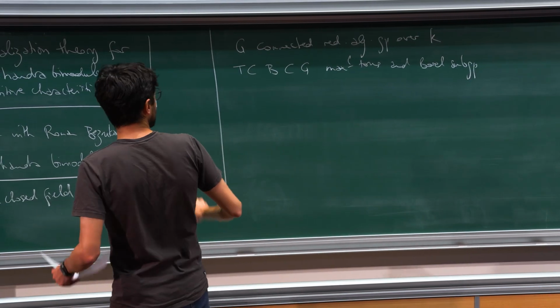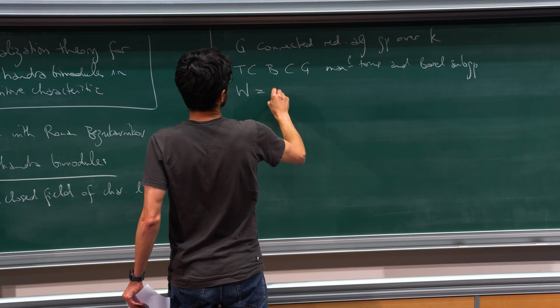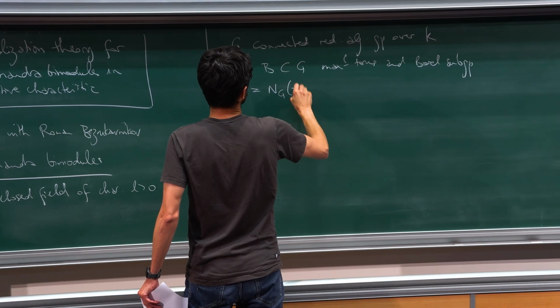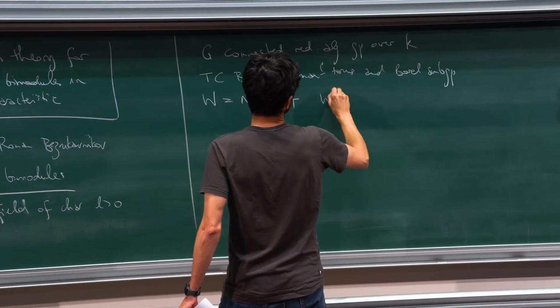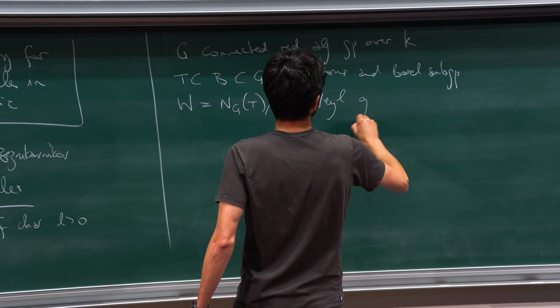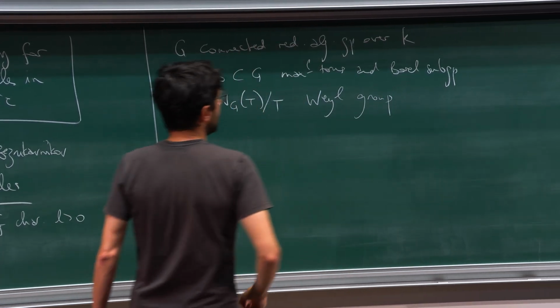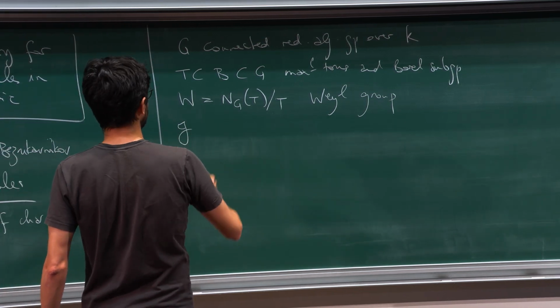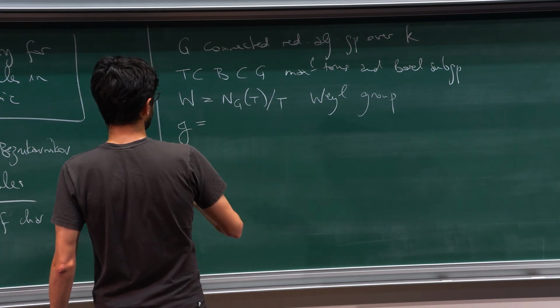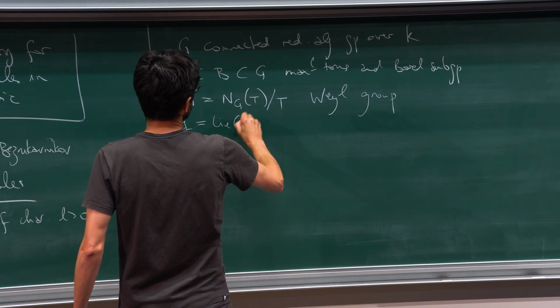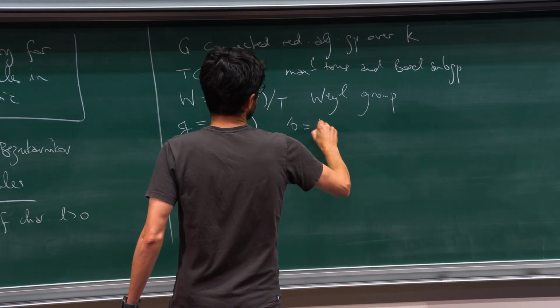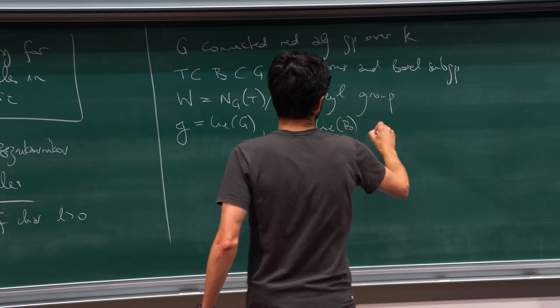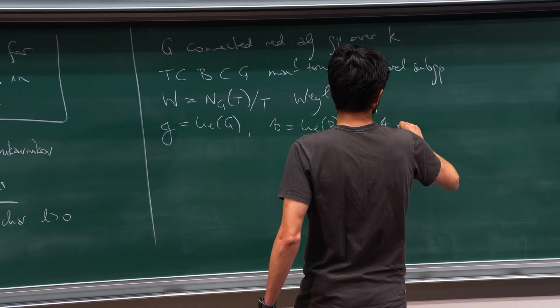I will need a notation for the Weyl group, W, the normalizer of T modulo T. This is a finite group. And I need notation for the Lie algebras of my groups. So Gothic G will be the Lie algebra of G, and the same for B and for T.